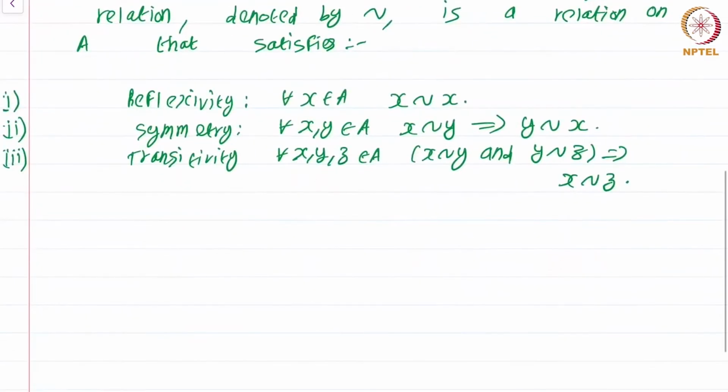Let's see some examples. Well, the first one is the rational numbers.